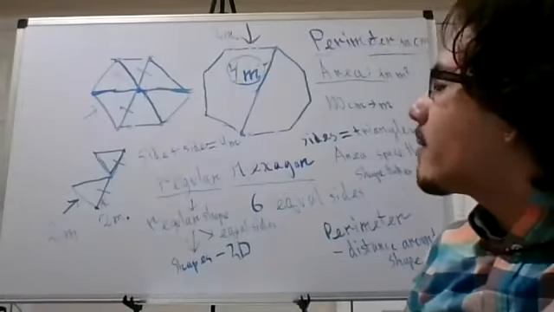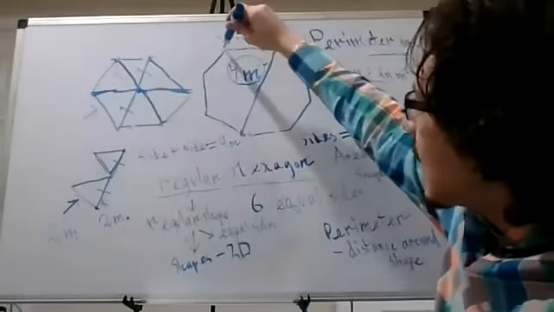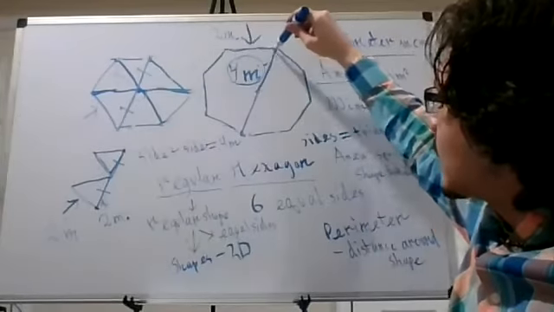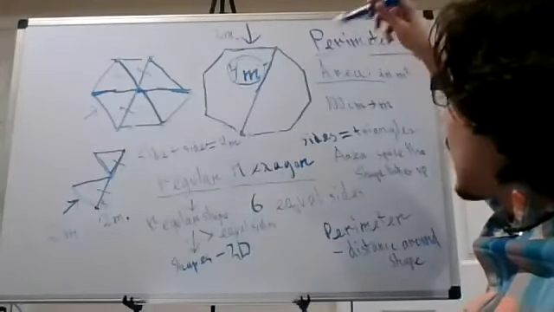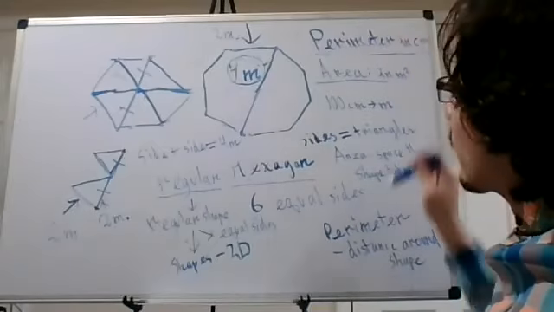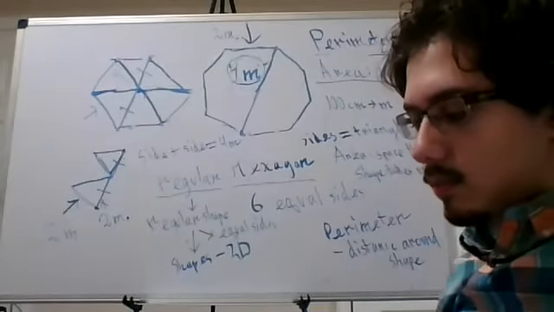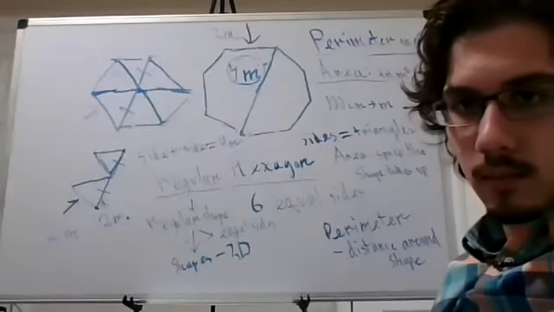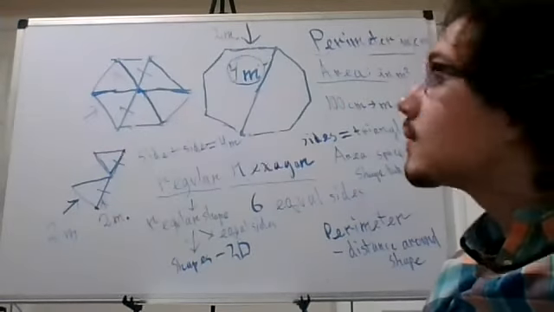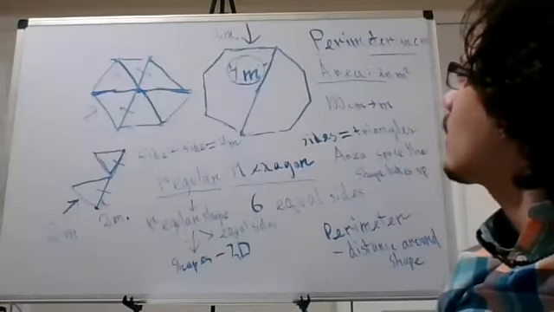Could anybody tell me, now that we know what one of the sides of the hexagon is, how we can find either the perimeter or the area? Particularly the perimeter.